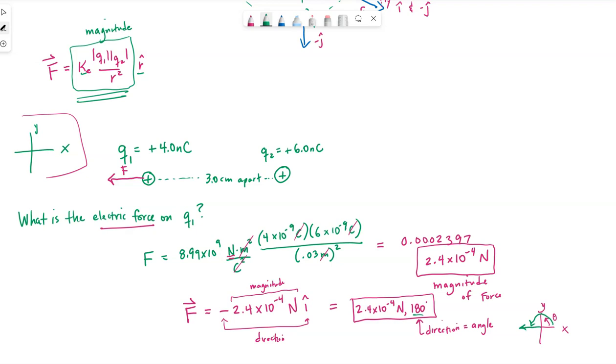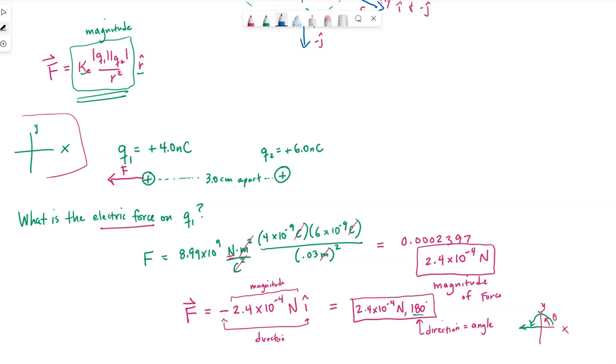So there's two ways we can write our results. Typically, a problem will ask for a specific way in terms of the angle or in terms of components. And so we will just need to write that answer in whichever way they have asked.